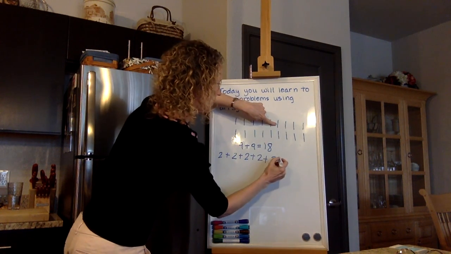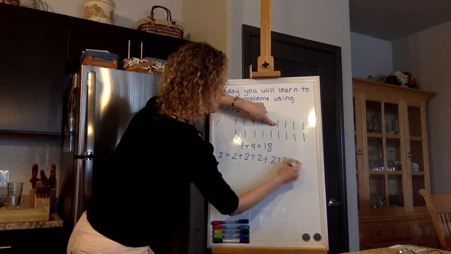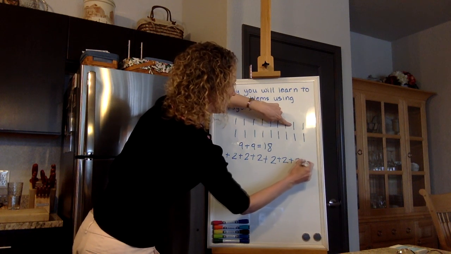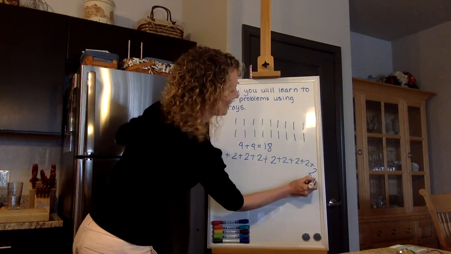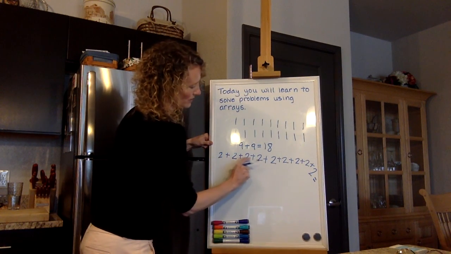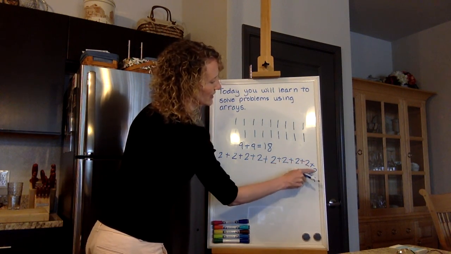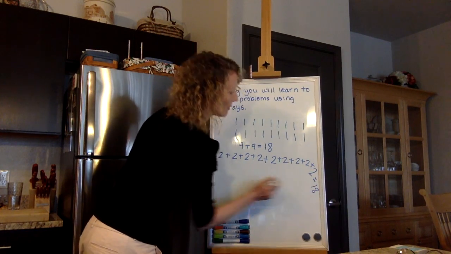There we are. Plus 2 plus 2 plus 2 plus 2. Totally running out of room. Equals 2, 4, 6, 8, 10, 12, 14, 16, 18. 18. Same thing.